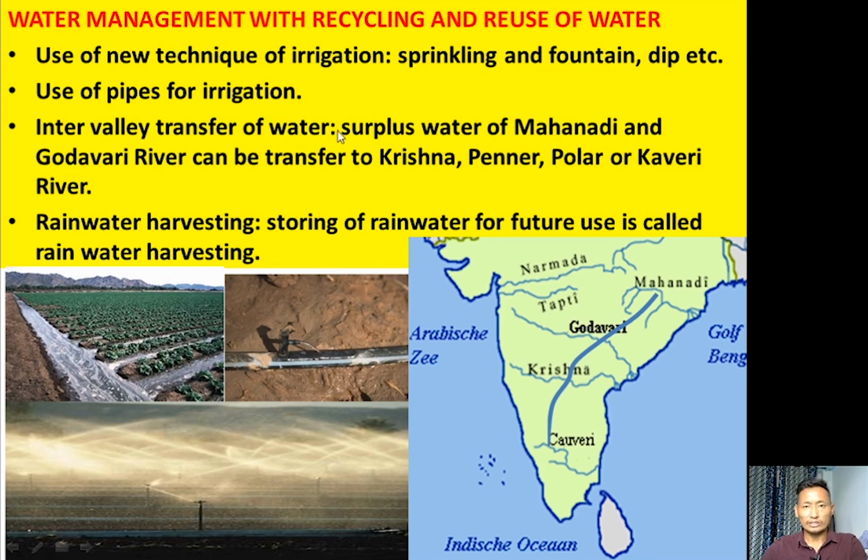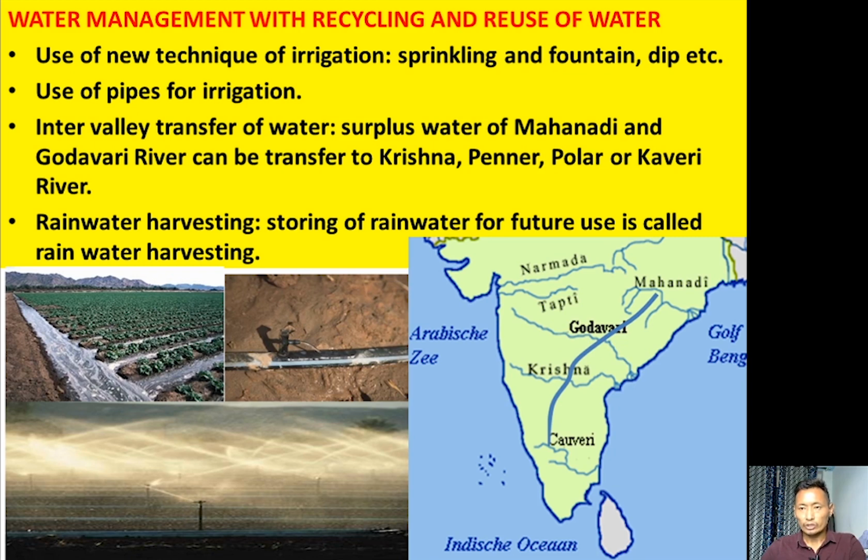Inter-valley transfer of water, such as surplus water of Mahanadi and Godavari. These rivers have more water as compared to the rivers Krishna and Kaveri. Mostly this water is discharged into the sea before it is used for agriculture and other purposes.